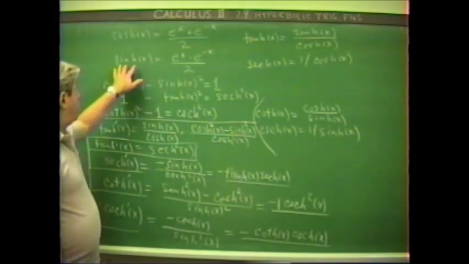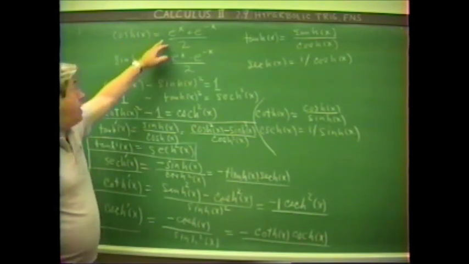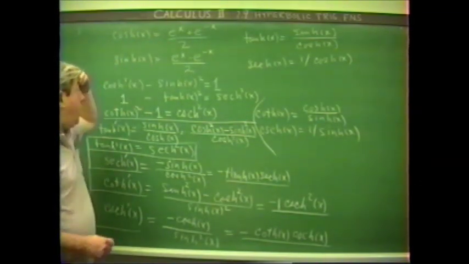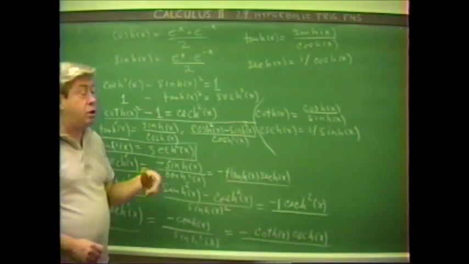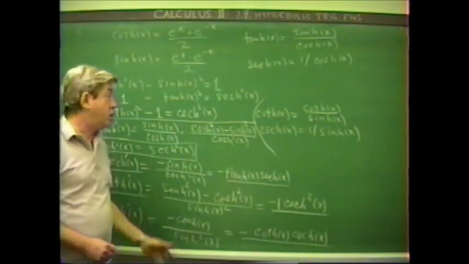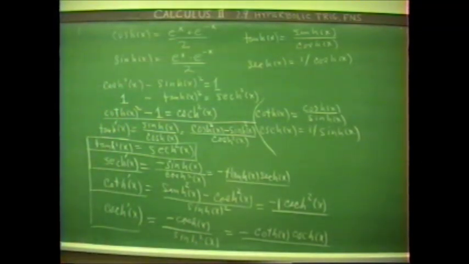Now, the thing to note is that all these functions can be defined in terms of e to the x and e to the minus x, and so while they do have applications, what you can use them for, you can do without using them.